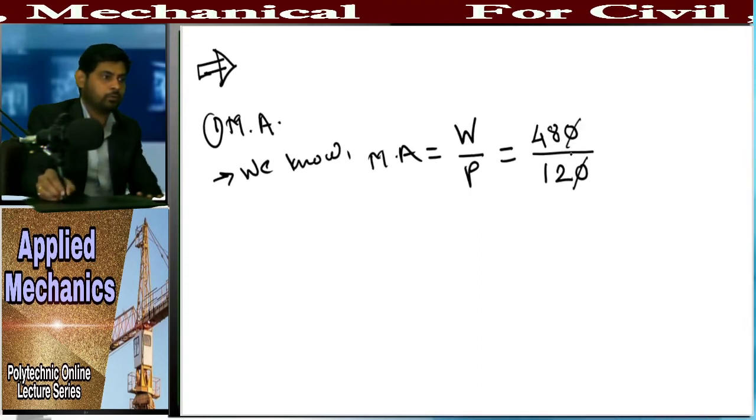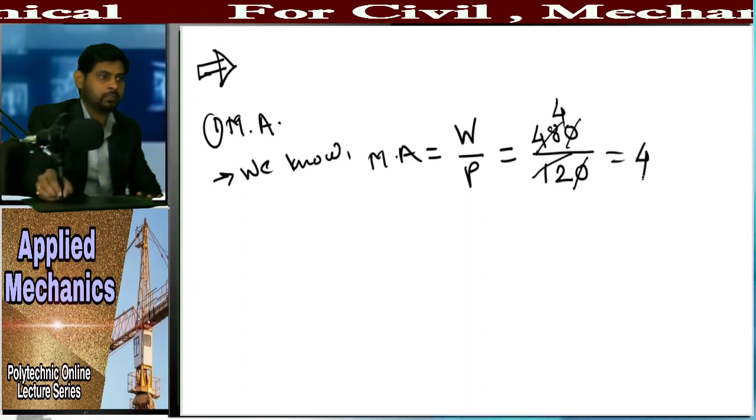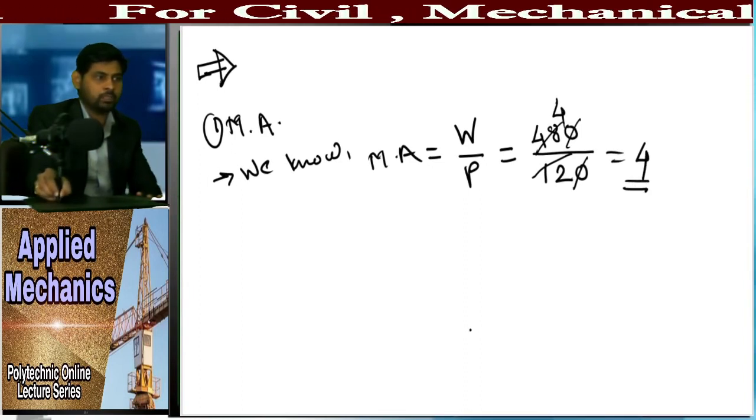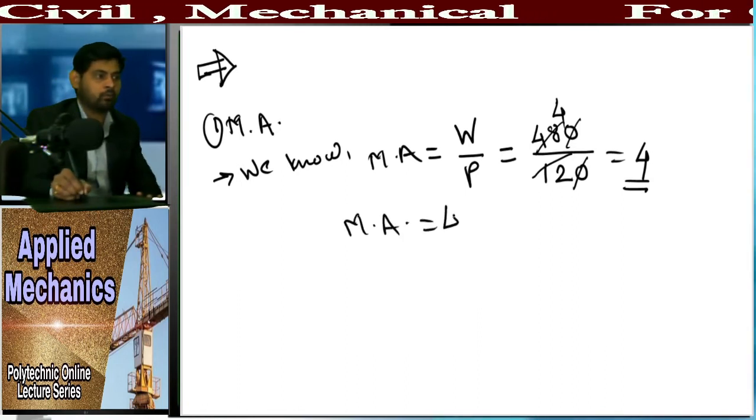So here 12 fours are 48, right? So mechanical advantage is 4. So first we have found that mechanical advantage is equal to 4.